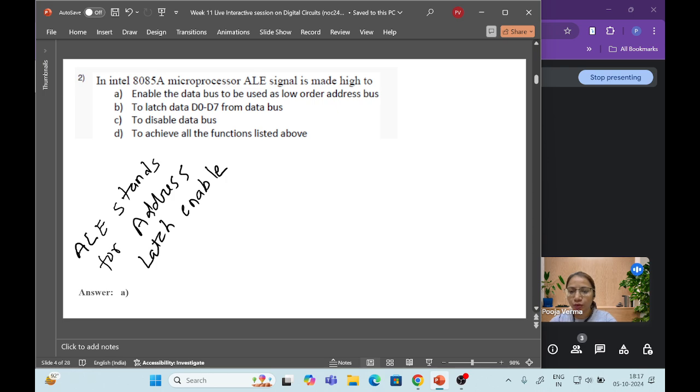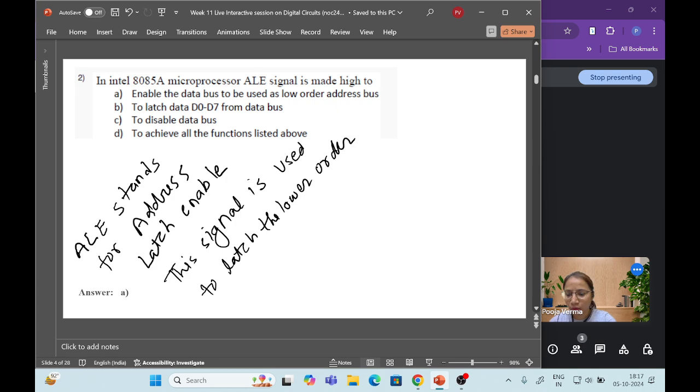This signal is used to latch the lower order address from the multiplexed bus and generates a separate set of 8 address lines.